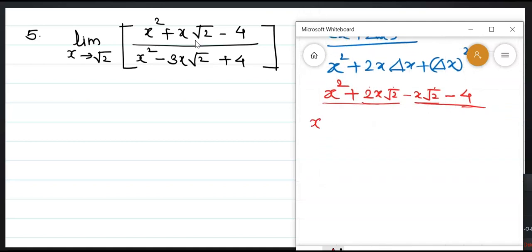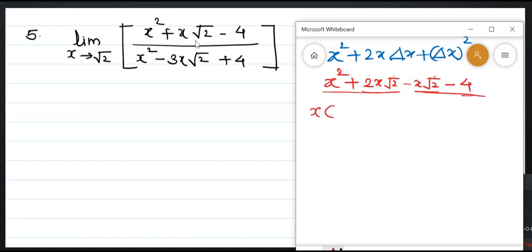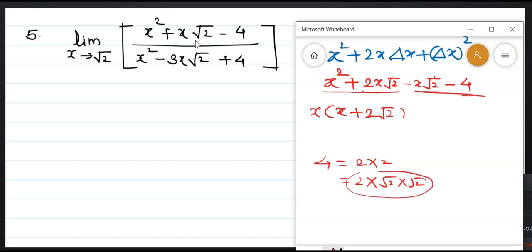What are the factors? That is x in bracket x plus 2 root 2 will be the cancellation factor. And from this common, now this 4 can be written as 2 into 2, and again this 2 can be written as 2 into root 2 into root 2. Therefore, what is the common from these two?